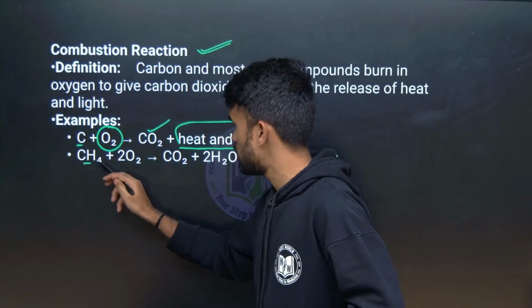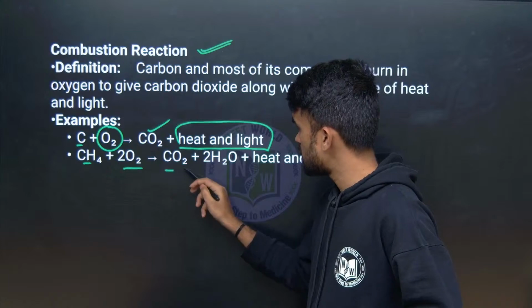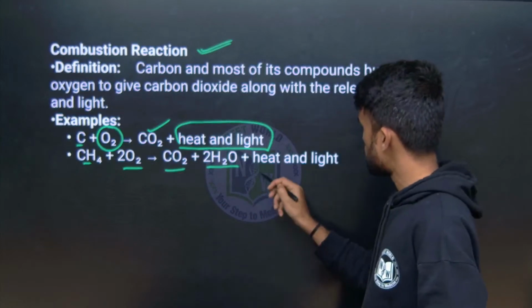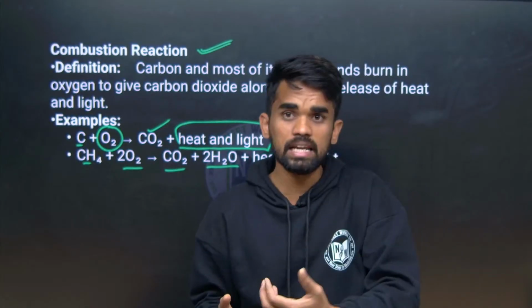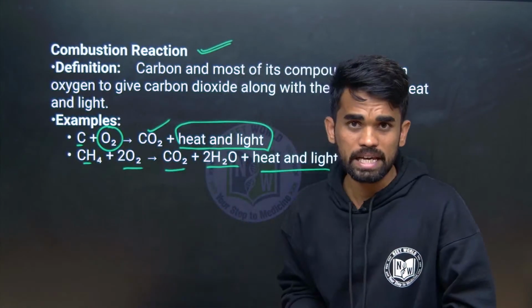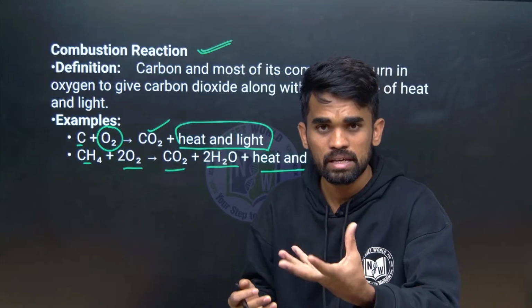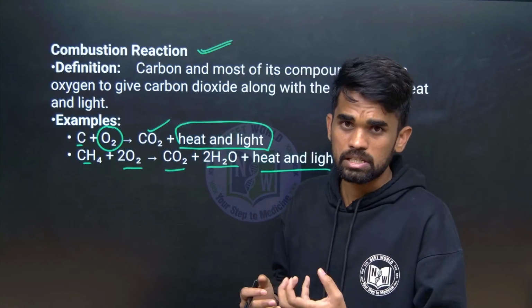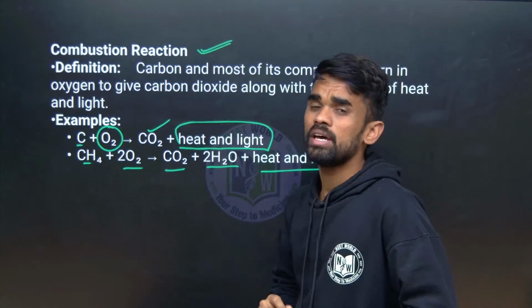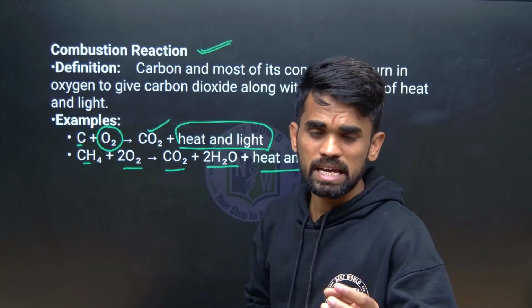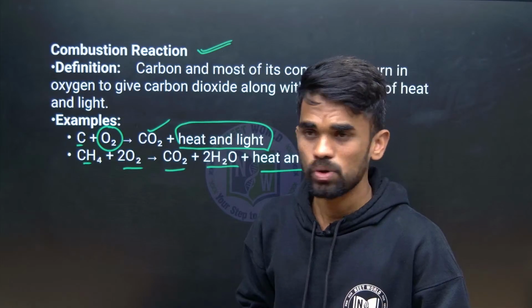See, methane with oxygen forms CO2 and H2O, and some heat and light is released during the burning of any fuel. We see some light also, and heat is also released. So that is the reaction that takes place in the combustion process. So we can say combustion reactions are an example of an oxidation process.